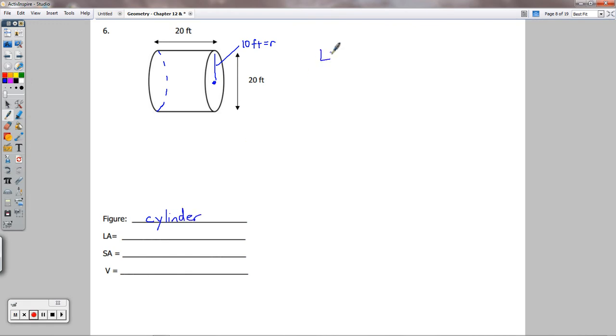Lateral area for a cylinder is going to be 2 pi r times h, and that's 2 pi times 10 times 20. 10 times 20 is 200, 200 times 2 is 400. So you have 400 pi, or approximately 400 times pi in the calculator, looking like I got 1256.6.